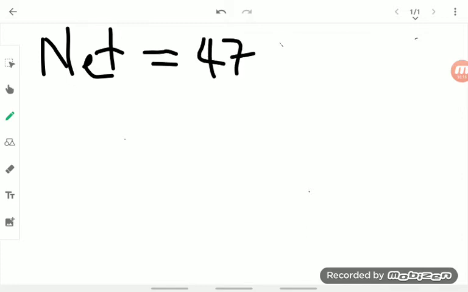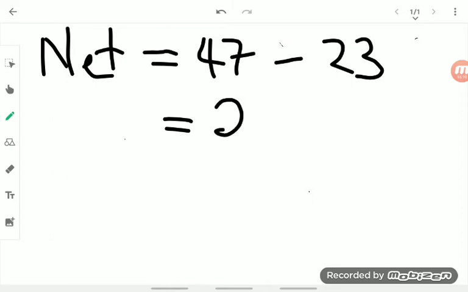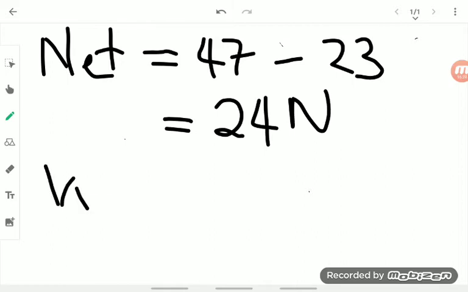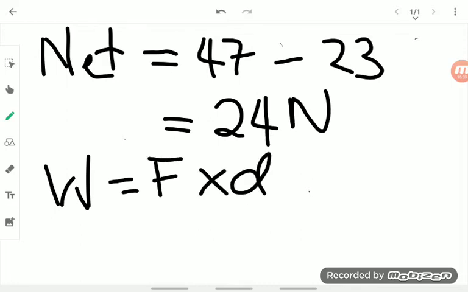So the net force is the force that we're pushing with minus the force that we're pushing against. So that leaves us with a force of 24 newtons. So this is our net force. And now it's set, we know that work is equal to force times distance.